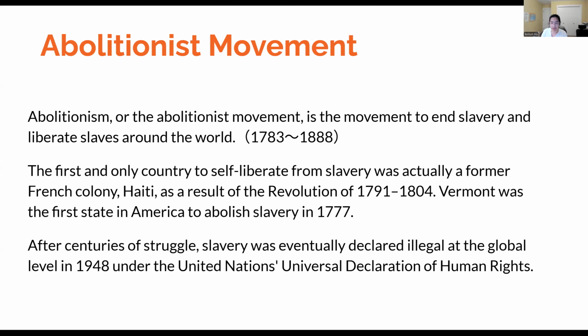Okay. So as you guys may know, because of abolition and slavery, America was split into the North side, which was anti-slavery, and the South side, which was pro-slavery. Vermont was the first American state to abolish slavery in 1777, which is actually pretty early on.